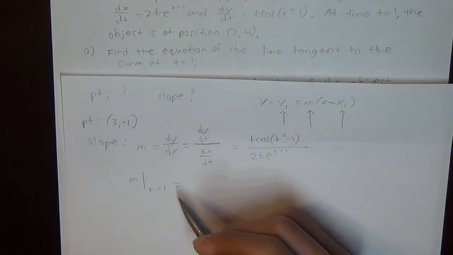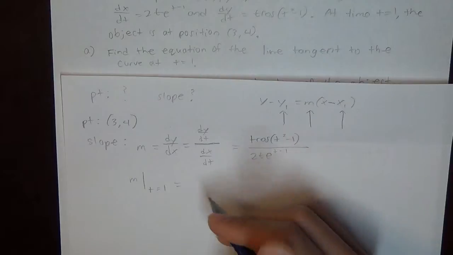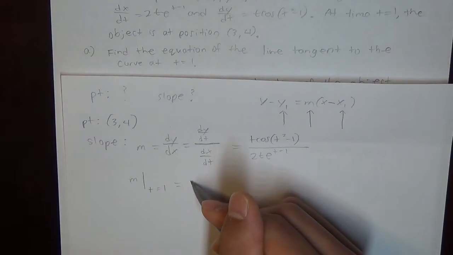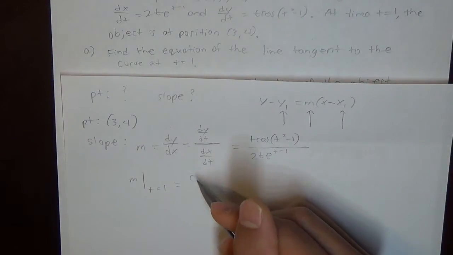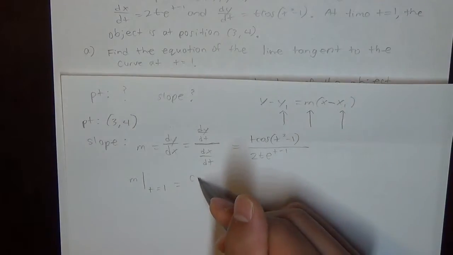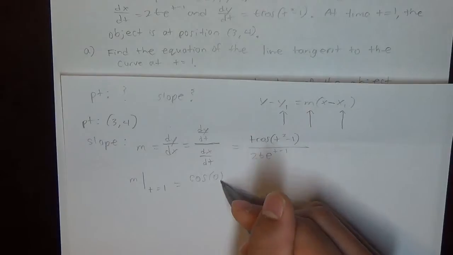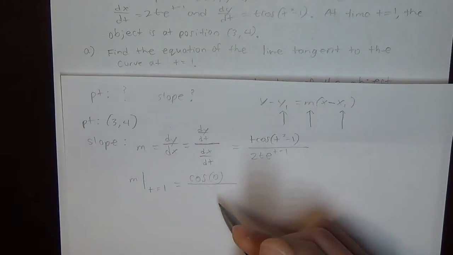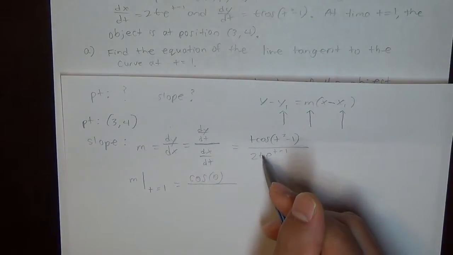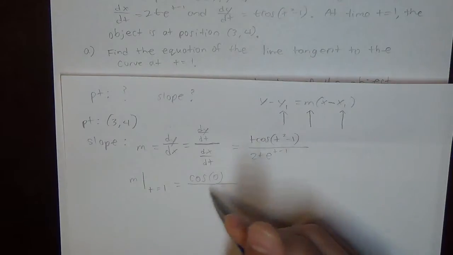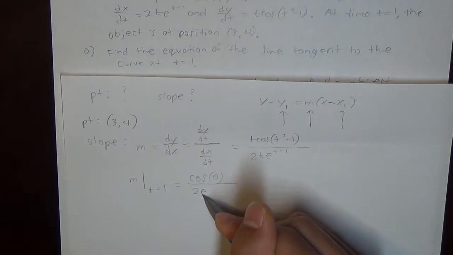So when you plug in 1 for t, you get 1 times cosine of 1 minus 1, which is 0, over 2 times 1, which is just 2, times e.